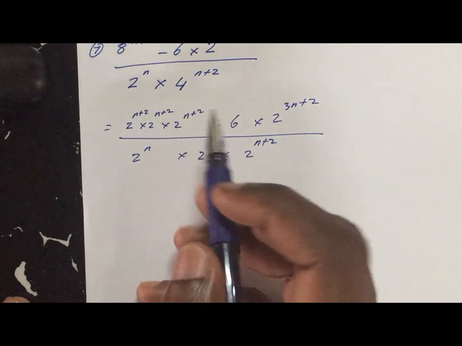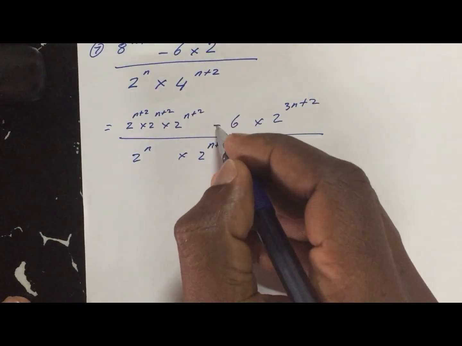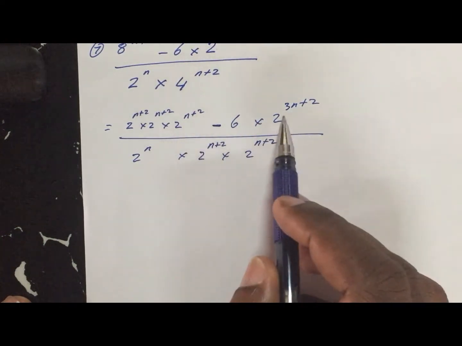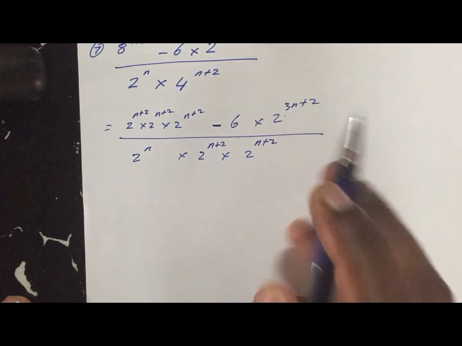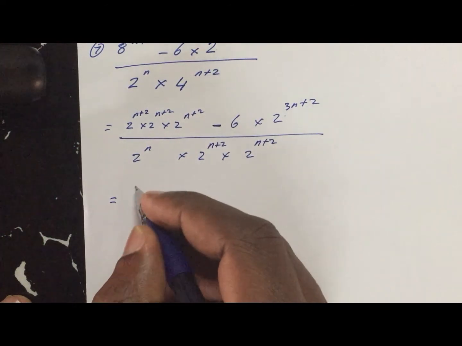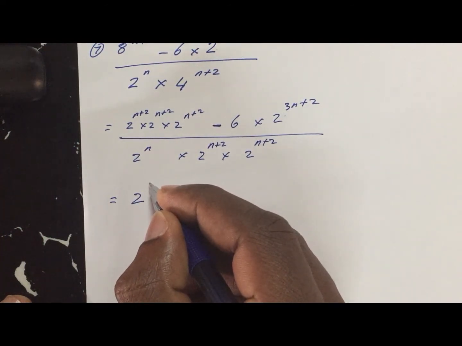So let's go. We will group these. Since we have a minus sign here, we wouldn't bring this over, but we would leave this as it is for now. Simplify the bottom. So let's go. 2, 1x.